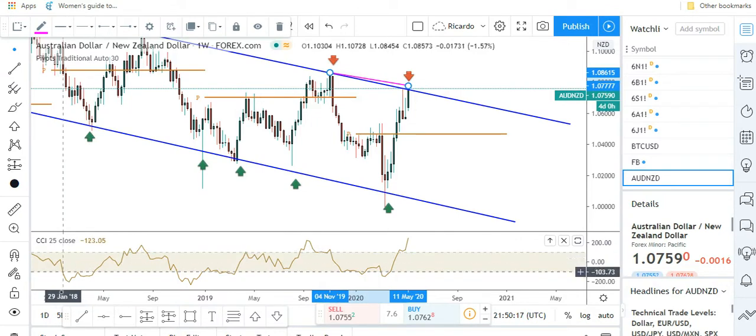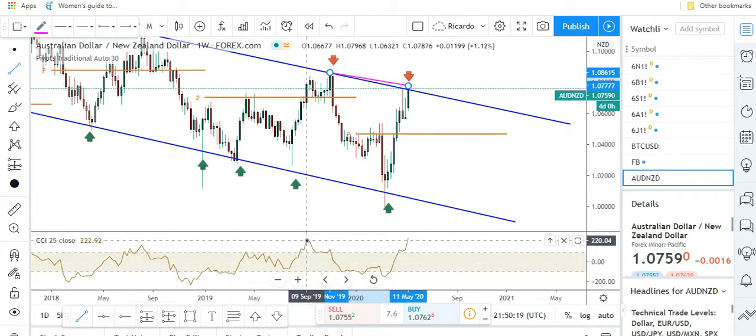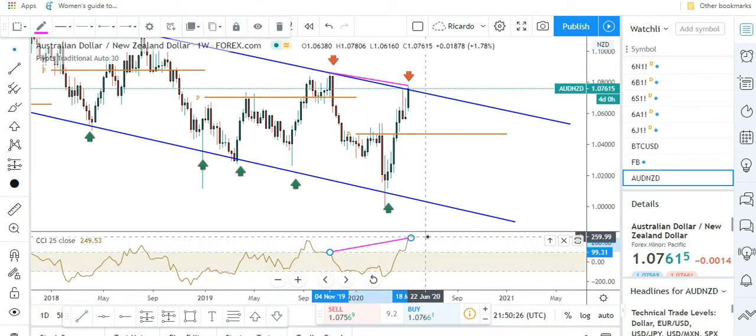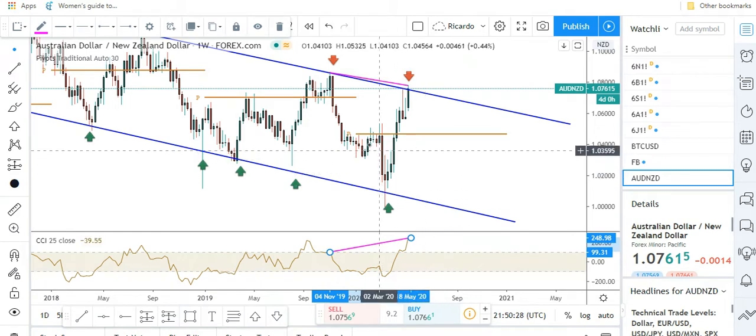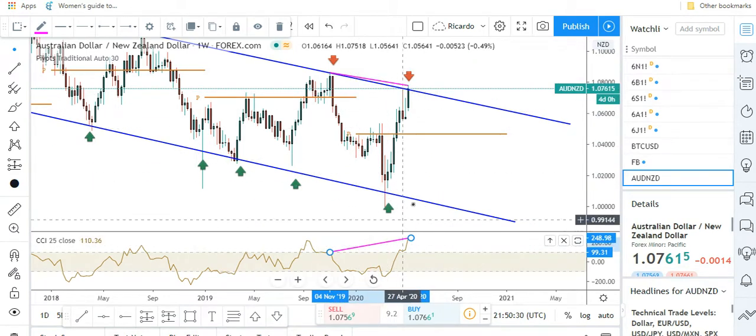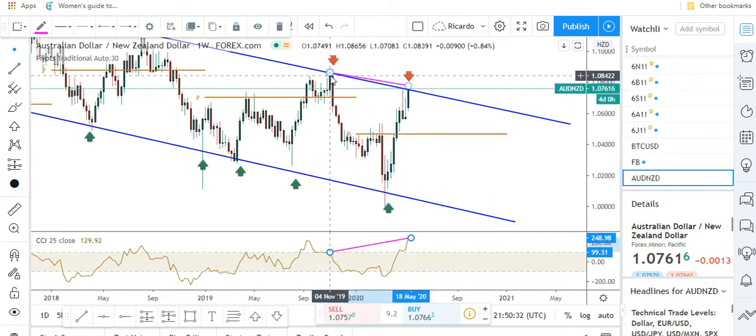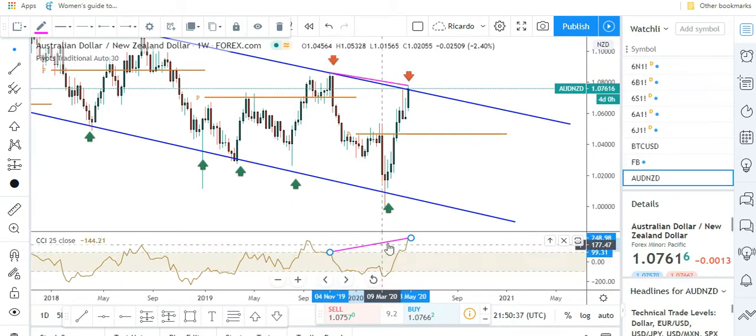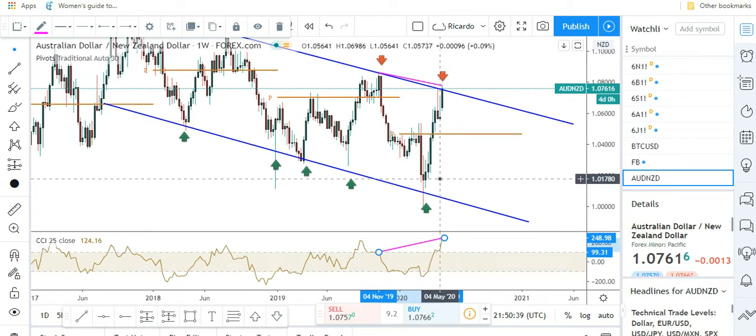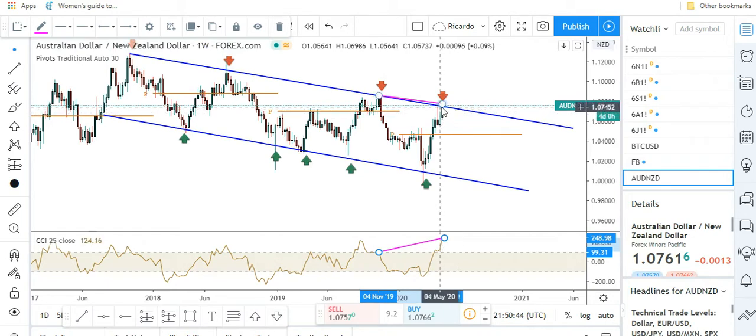And on the oscillator, we are moving from a high here to a higher high. So that is essentially what divergence is. Price and momentum are not lining up. Price is moving from a high to a lower high, but momentum is going up. When you see that, it is divergence, and it's a good indicator that the market is going to turn around.